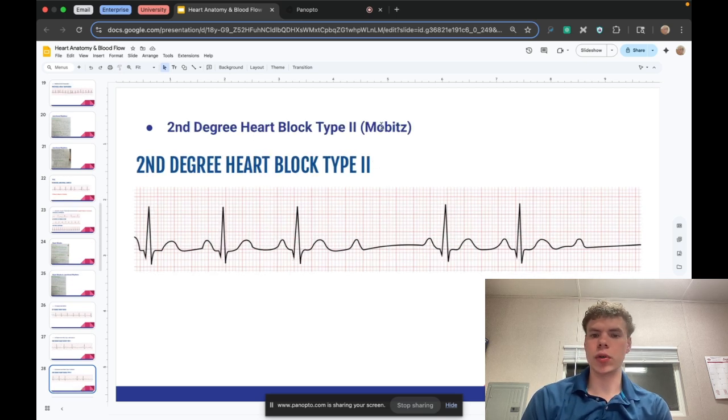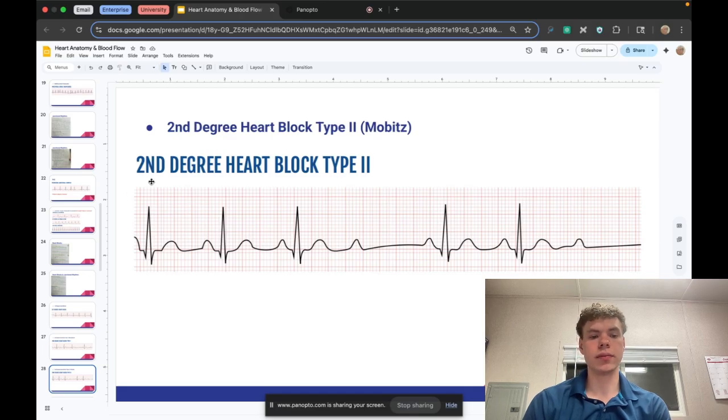And this is type 2, also known as a Mobitz, right? So this is kind of like a type 1, except it's skipping beats more often, or skipping beats frequently. So as you can see here, normal, normal, normal, skips a beat. So there's a P wave, no QRS.